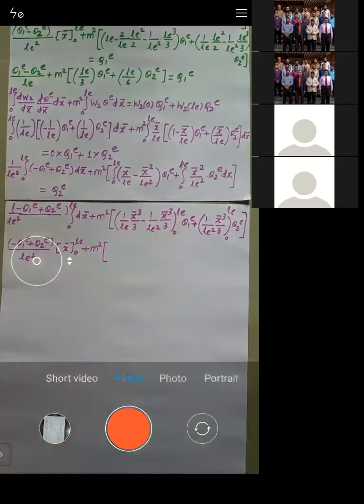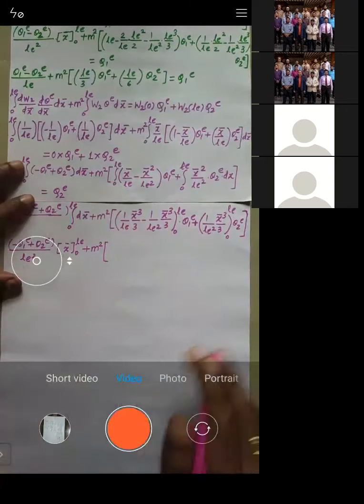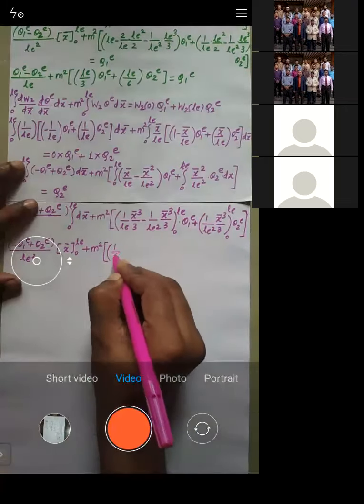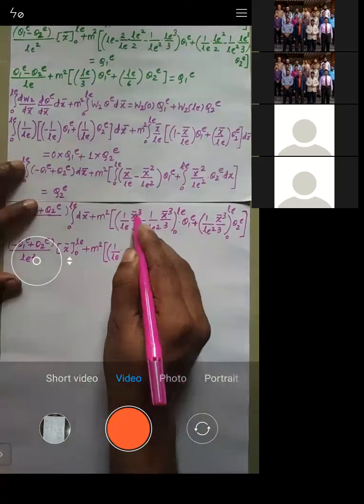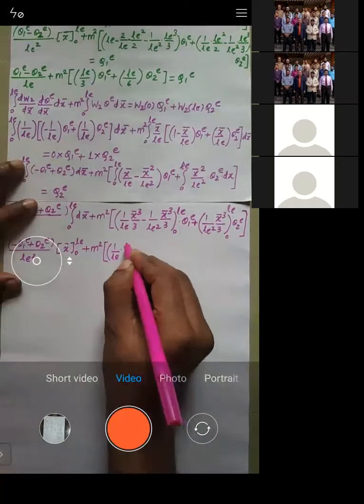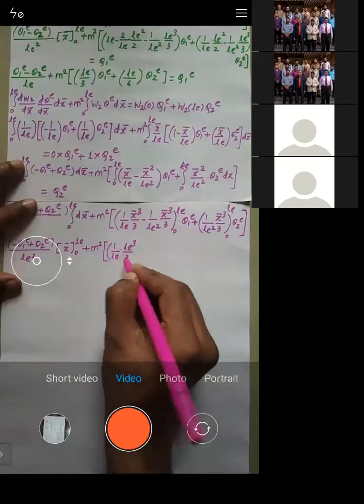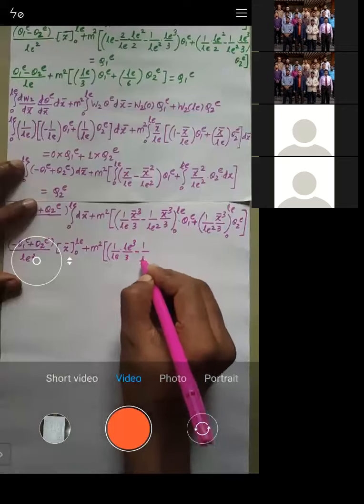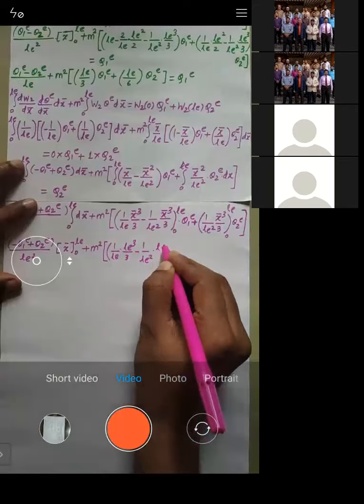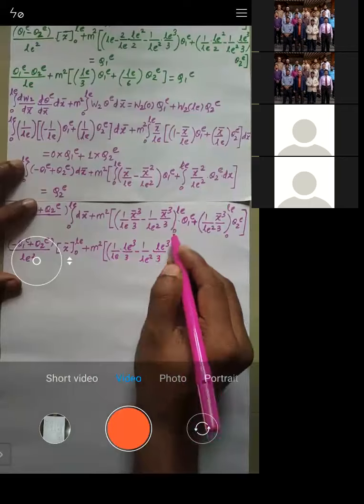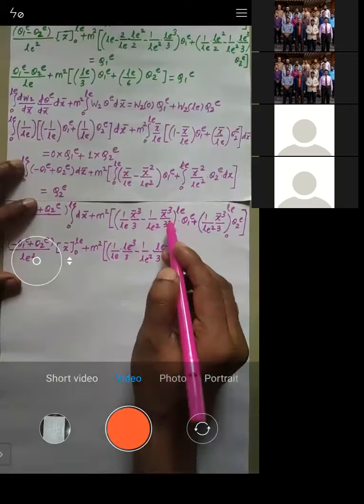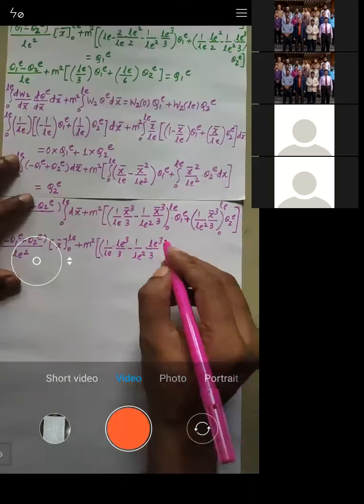Let's put upper limit minus lower limit. So what we will get: 1 by L E, instead of x bar, you put L E, so it's L E cube by 3, minus 1 by L E square, again L E cube by 3. I will not put the lower limit, because when you put the lower limit, obviously you will get 0 value.